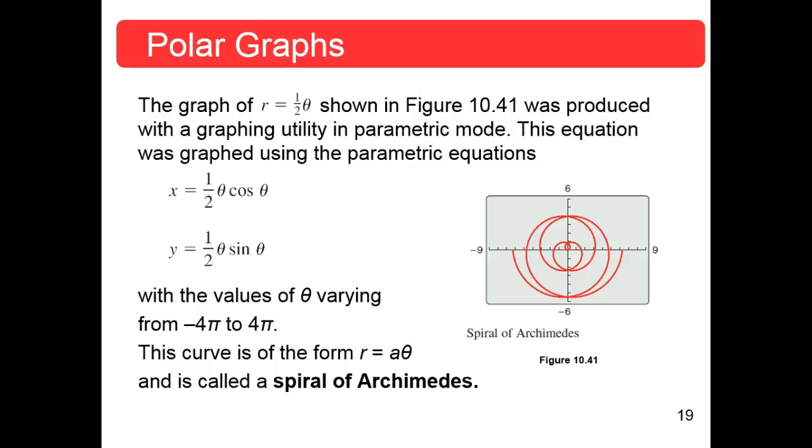And just to give you an idea, every intersection here, because the cosine and sine, at -4 pi, of course, cosine would be 1, sine would be 0.